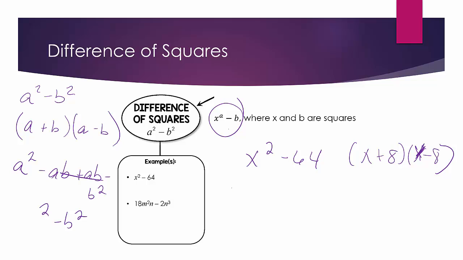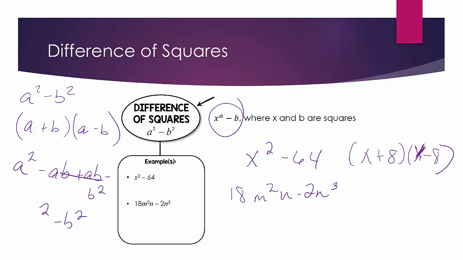If we have 18m squared n minus 2n to the third, right now we don't have any squares to work with, so we've got to look backwards and start with our greatest common factor.